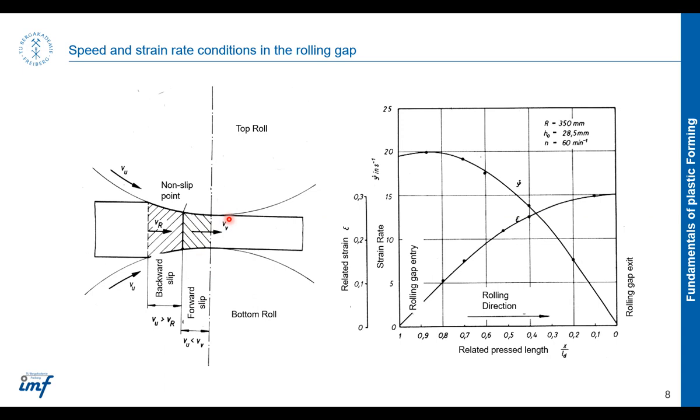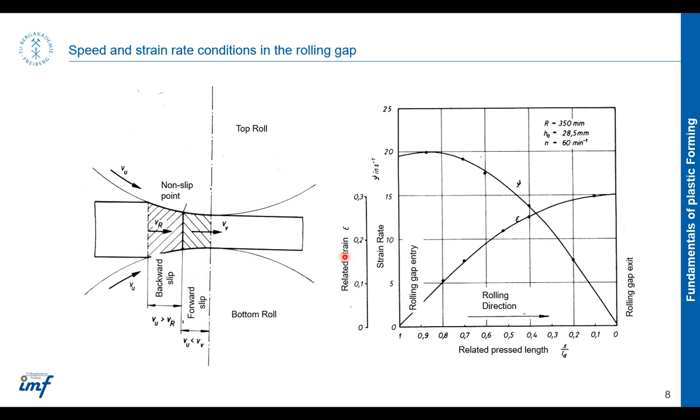And to make this process continuous, the value of the force here in the area before the neutral line should always be higher than the force which is here, and this is affected by the friction coefficient.